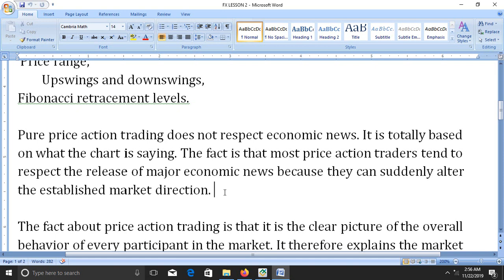The fact is that most price action traders anyway tend to respect the release of major economic news, because whenever it is released, it can cause sudden change in the market. It can significantly alter the direction of the market. I know we are not going to be too theoretical when our money is at stake. So that is why so many price action traders still at least respect news, even though their ideology does not.